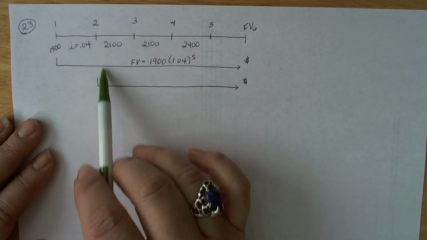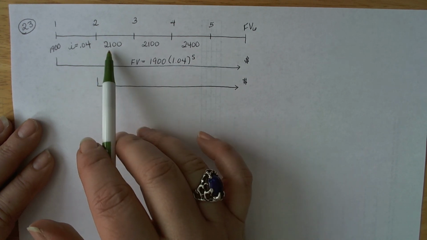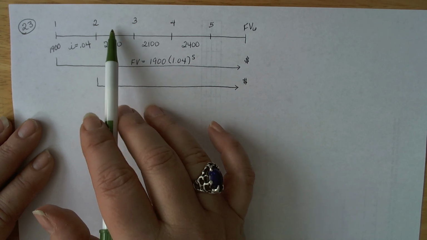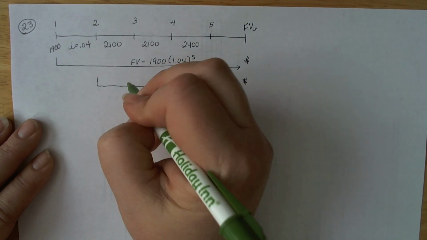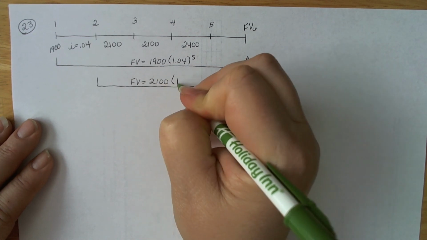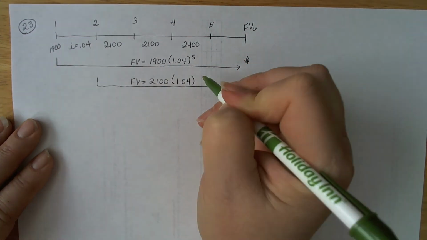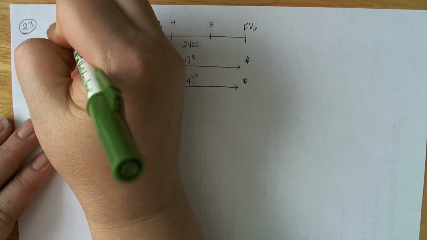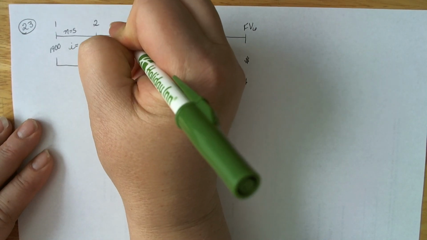My second deposit is $2,100. How many periods is that invested for? 1, 2, 3, 4. So this part of the problem is $2,100 times 1.04, because the interest rate is the same, over a 4-year period. So N is 5 for the first one, and N is 4 for this one.